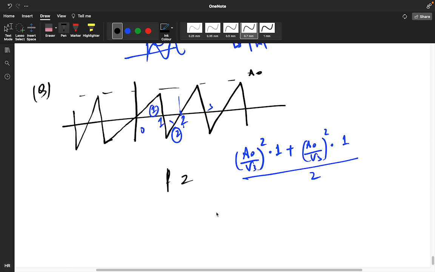So power is a0 square by 3 plus a0 square by 3, into 1 by 2, which is a0 square by 3 only.